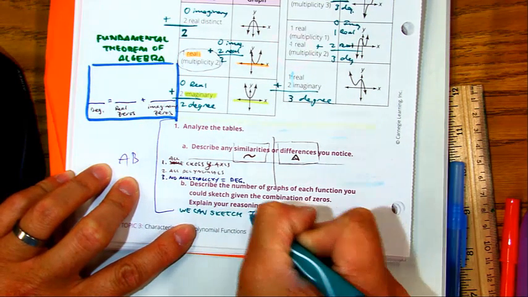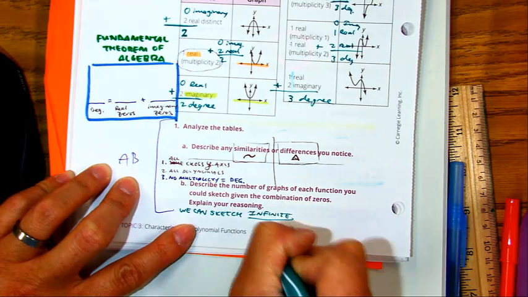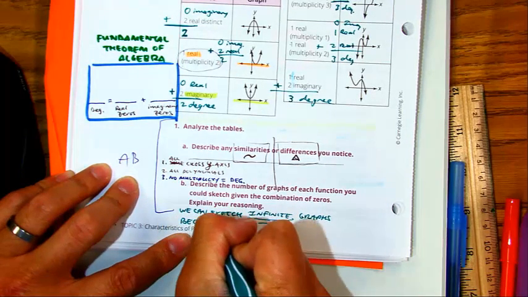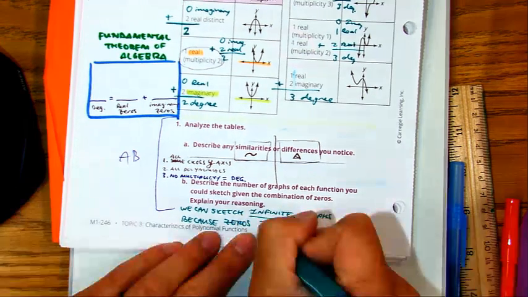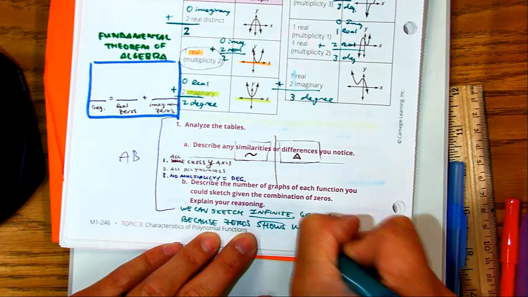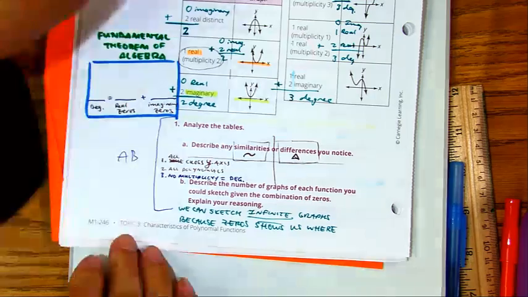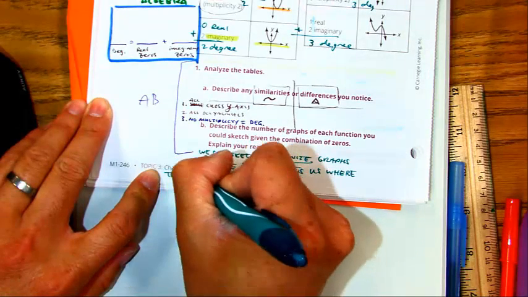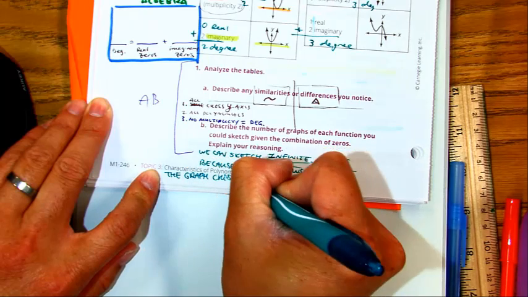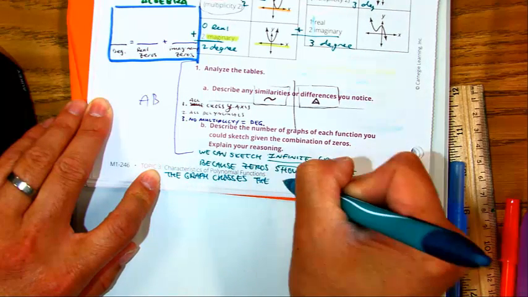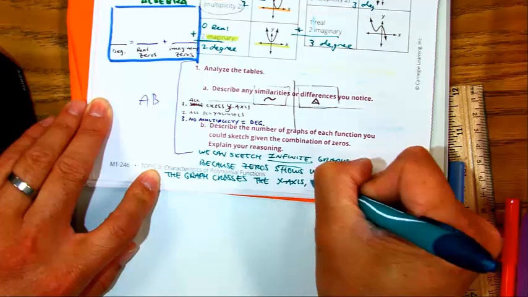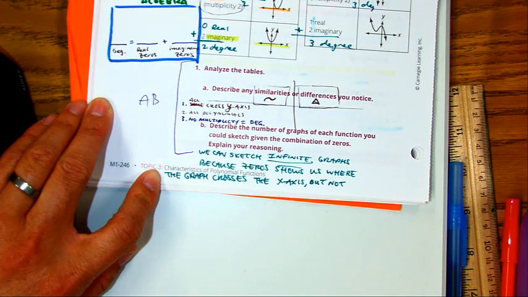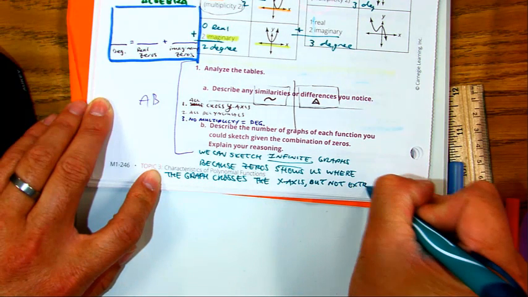We can sketch infinite, an unlimited amount of graphs because the zeros show us where the graph crosses the x-axis but not things like extrema or end behavior.